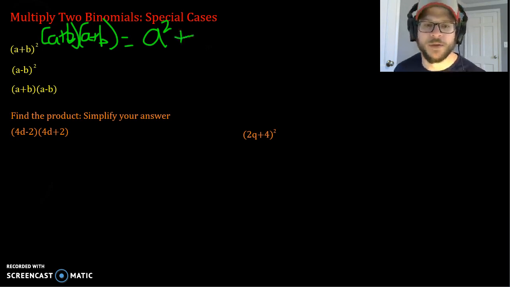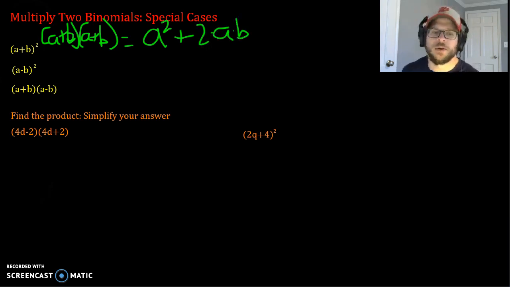Your second term is 2 times your first term times your second term, because in the middle area, whenever you're FOILing or using your box method, you're multiplying your outers and your inners, and then you get common terms and you add them together. This is the reduced form of your combined terms. Then your final term is just the second term squared. Again, if it's a 3, it becomes 9. If it's 12, it's 144. Whatever it is, make sure that you square it.